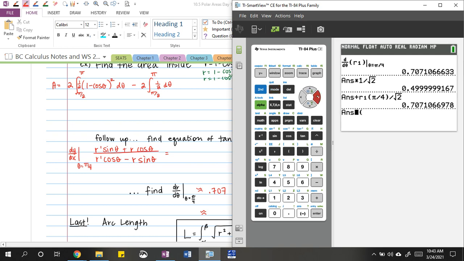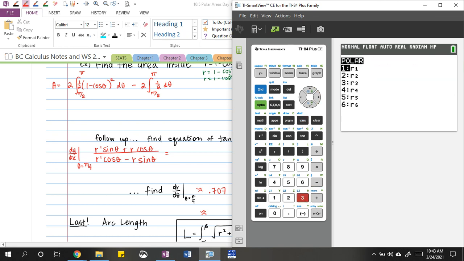Divided by this number again, the derivative, times the cosine of pi over 4, so divided by radical 2, minus r of pi over 4 divided by radical 2.